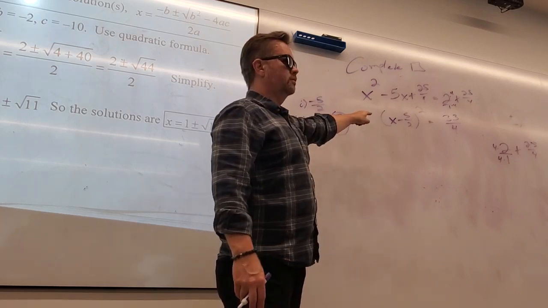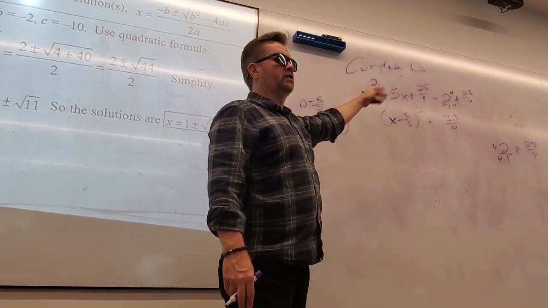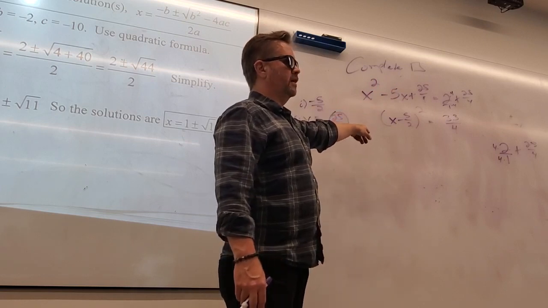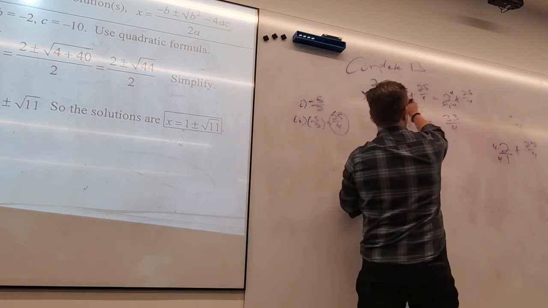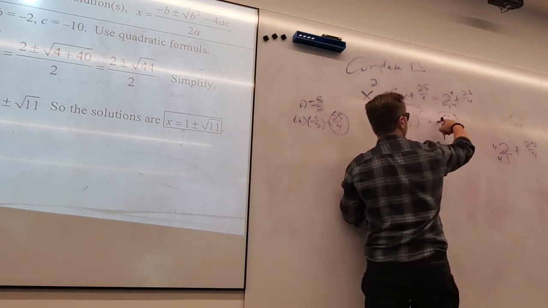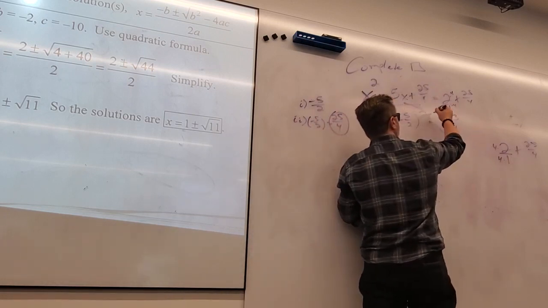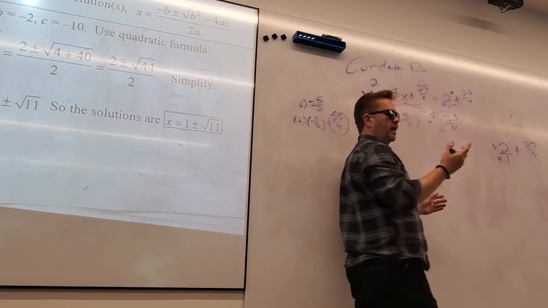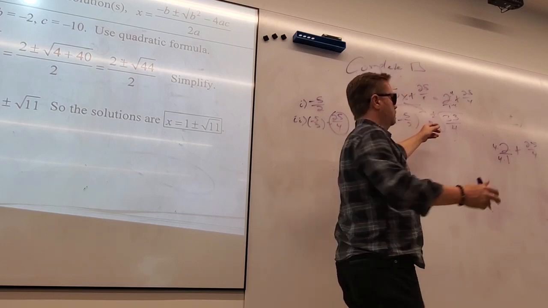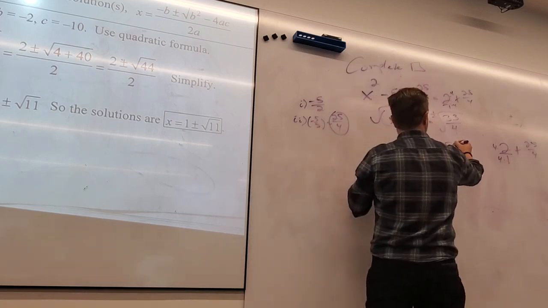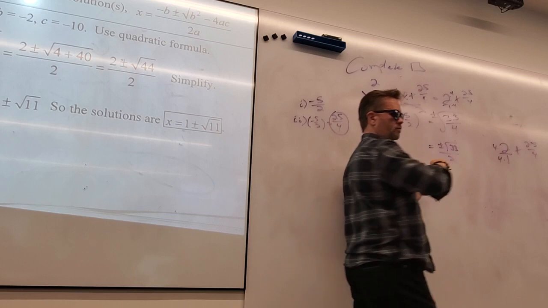Now what do I do? The reason I can't just add 5 halves is because it's all stuck in what? The parentheses. Stupid square, right? So I square root to kill it. What do I put here? It's rad 33 over 2. Square root of 33, I have no idea. Square root of 4 is 2.